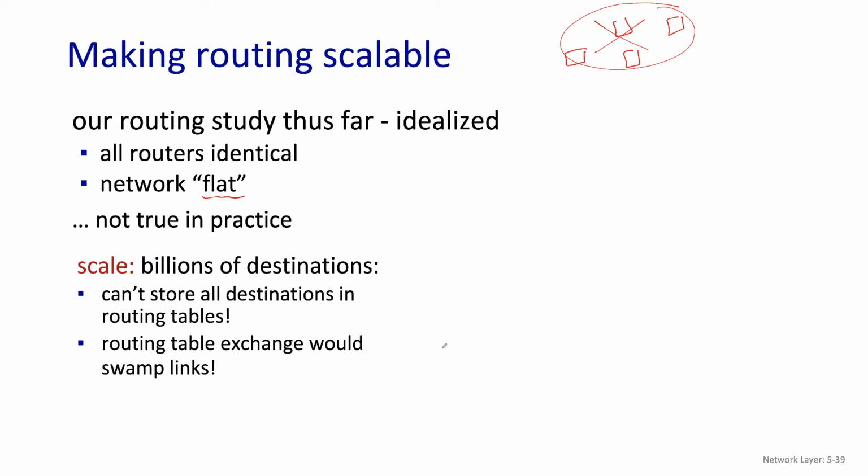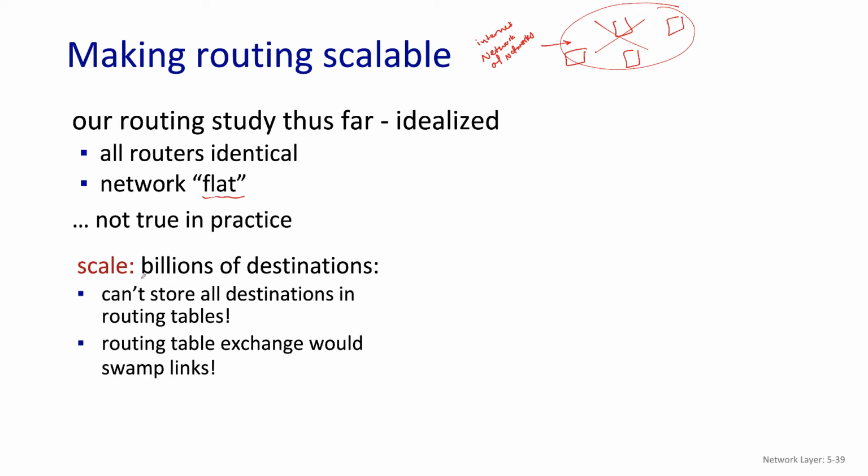You might have a flat network in your internal network, but as you recall, the internet is a network of networks, right? So you cannot have control over all of these things, right?